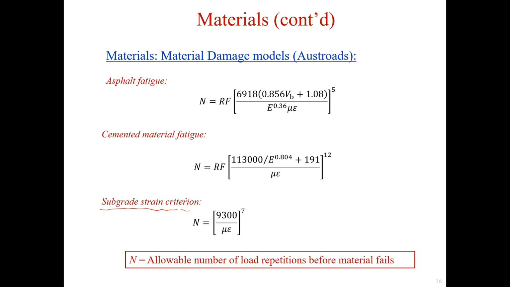Among these formulas, the N is an allowable number of load repetitions before the material fails. We also learned the physical meaning of other parameters in previous slides, so I won't elaborate further here.